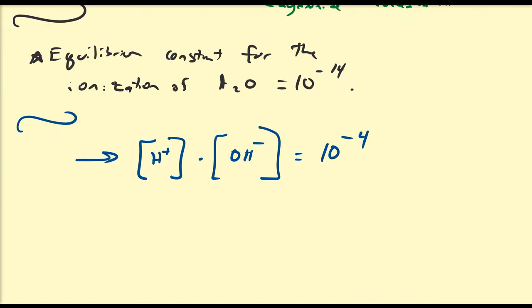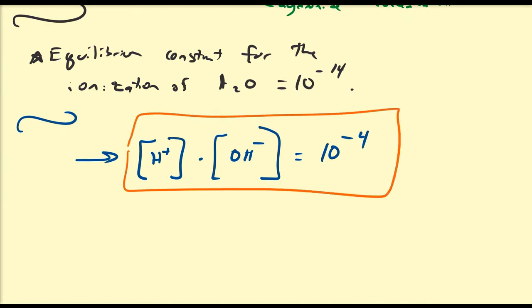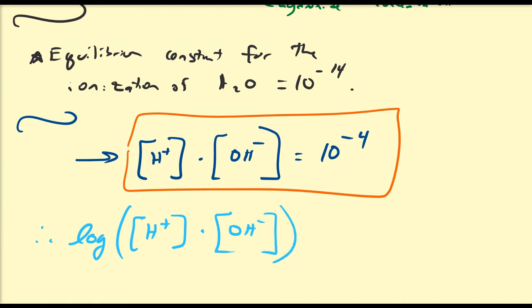So in the realm of our mathematical discussion, let's start here. Let us see if we can figure out a connection between the pH and the pOH of a particular substance. I'm going to be taking the logarithm of both sides of this equation. So I'm going to have the log base 10 of the product of hydronium and hydroxide, and that's going to be equal to the log base 10 of 10 to the minus 14.